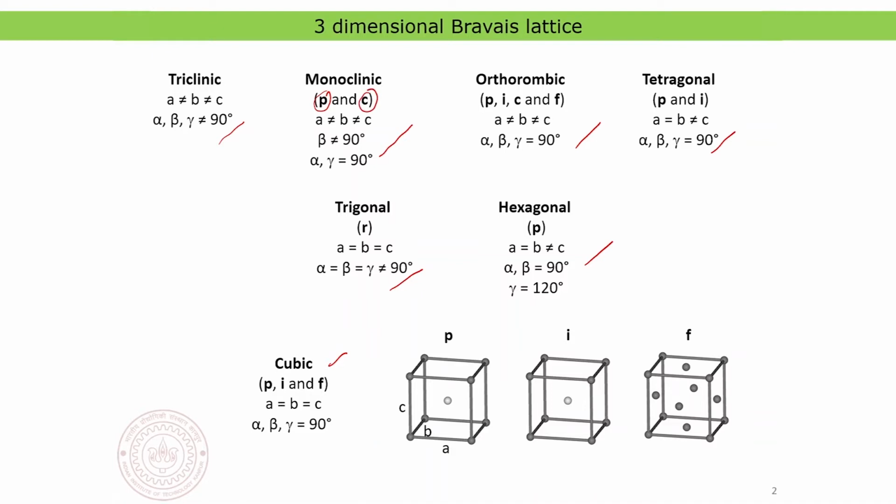Then in orthorhombic you have primitive, body centered, centered and face centered, and in tetragonal you have primitive and body centered, and in cubic you have again primitive, body centered and face centered.